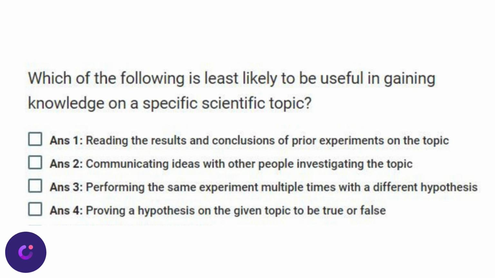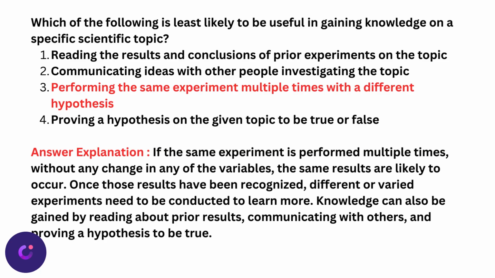Which of the following is least likely to be useful in gaining knowledge on a specific scientific topic? Performing the same experiment multiple times. If the same experiment is performed multiple times without any change in any of the variables, the same results are likely to occur.